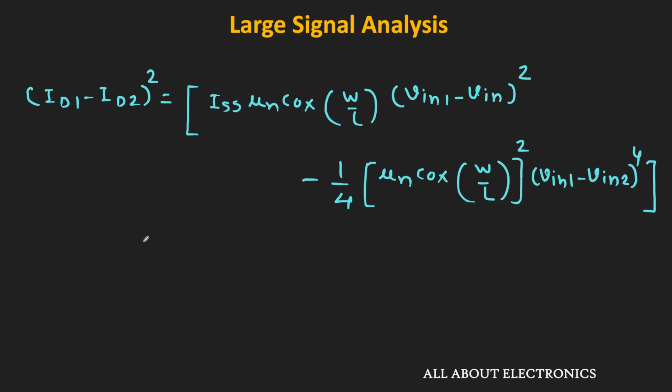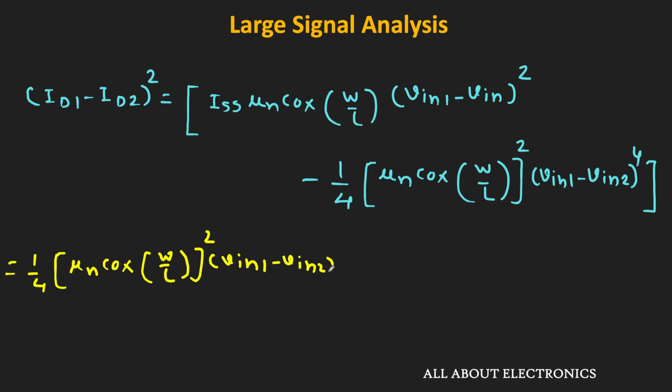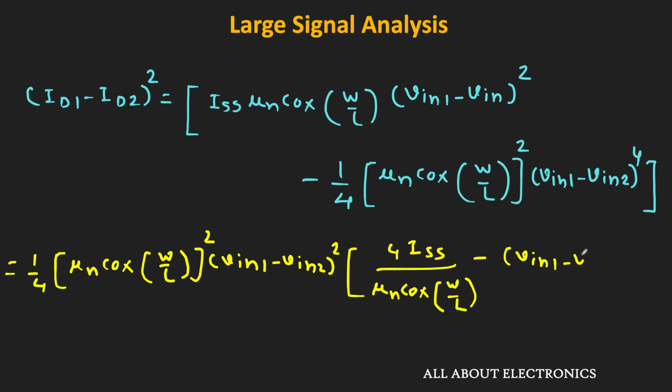So now in this expression on the right hand side, if we take this 1 by 4 times this (mu n times Cox times W by L) whole square times (v in 1 minus v in 2) whole square as a common, then in the bracket we are left with this 4 times ISS divided by (mu n times Cox times W divided by L) minus this (v in 1 minus v in 2) whole square.